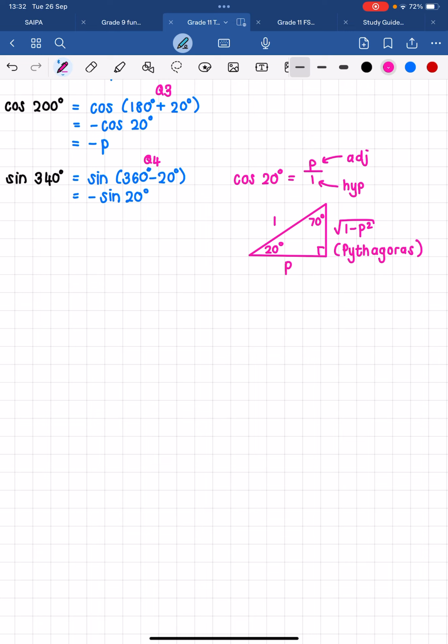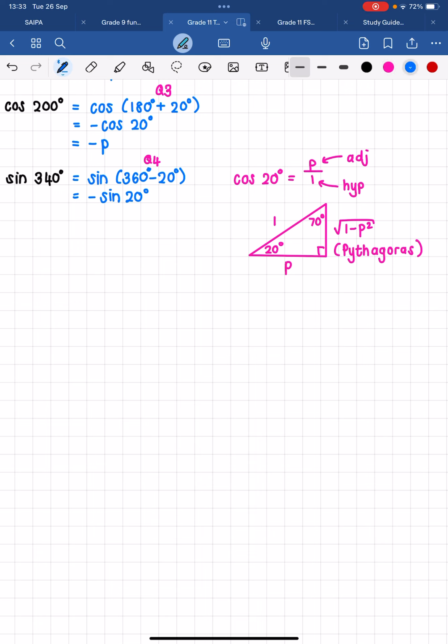But I just want to show you a quicker way, if you can do this calculation in your head. So you can say, all right, this side squared is 1 squared minus P squared. So then to get the side, I have to take the square root, right? And since these are both acute angles, if I was to actually draw this in a Cartesian plane, it would be in the first quadrant, right? So all my sides would be positive. Just make sure that you do write Pythagoras somewhere.